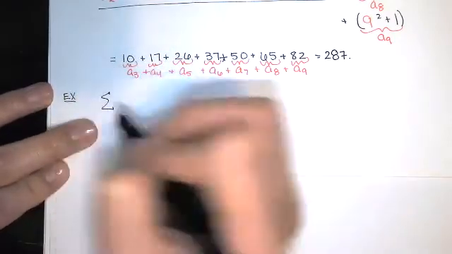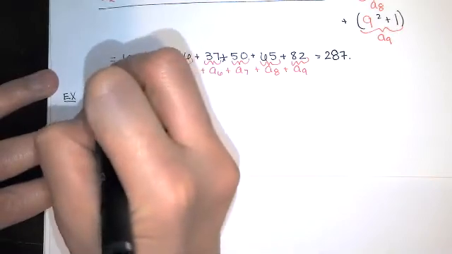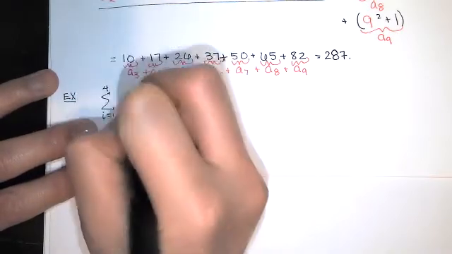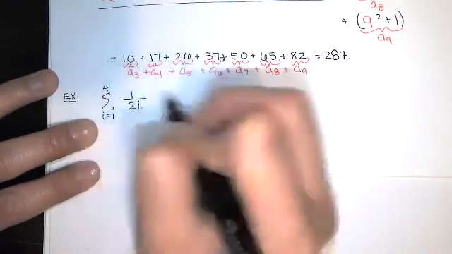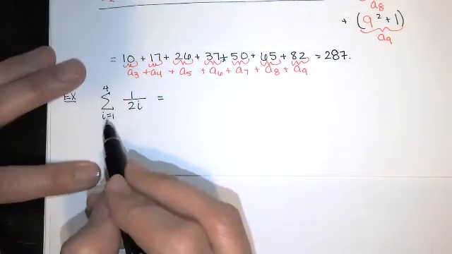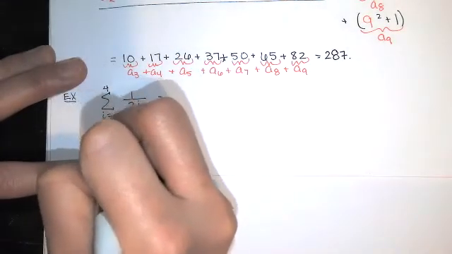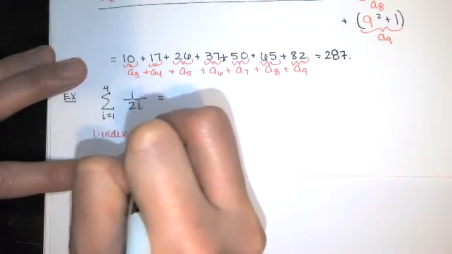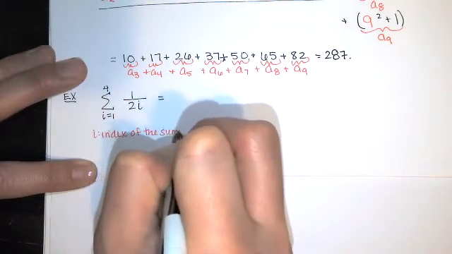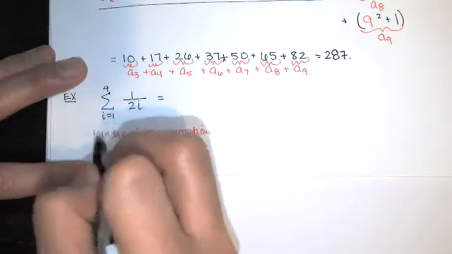Say somebody asks you to find the sum of this summation. We have the sum as i goes from 1 to 4 of 1 over 2 times i. Well, the index of the summation this time is i. The lower bound is 1, that's where we start counting.